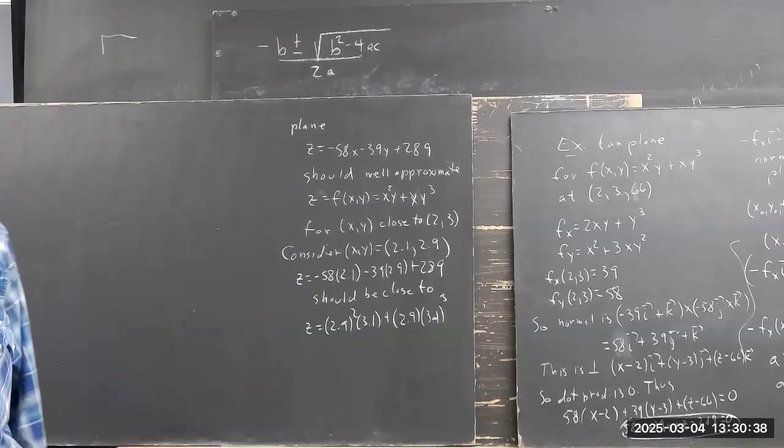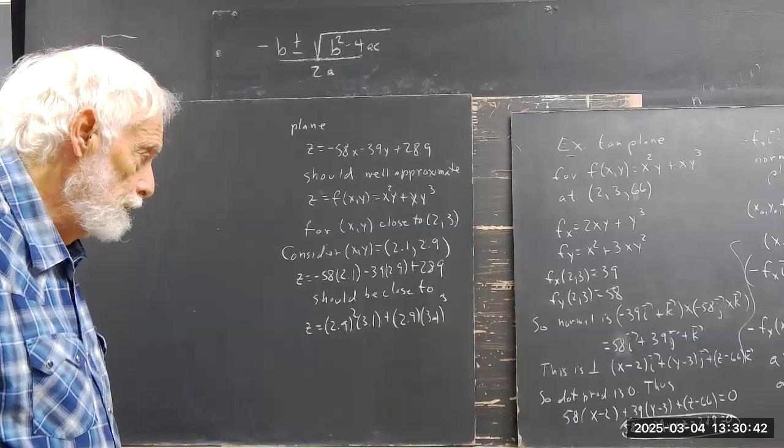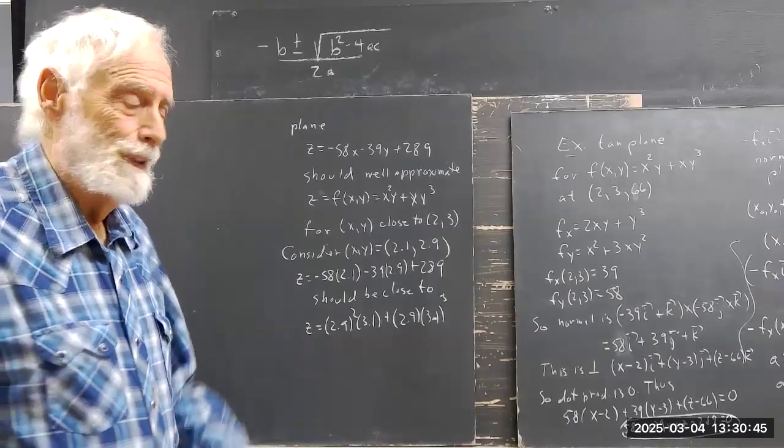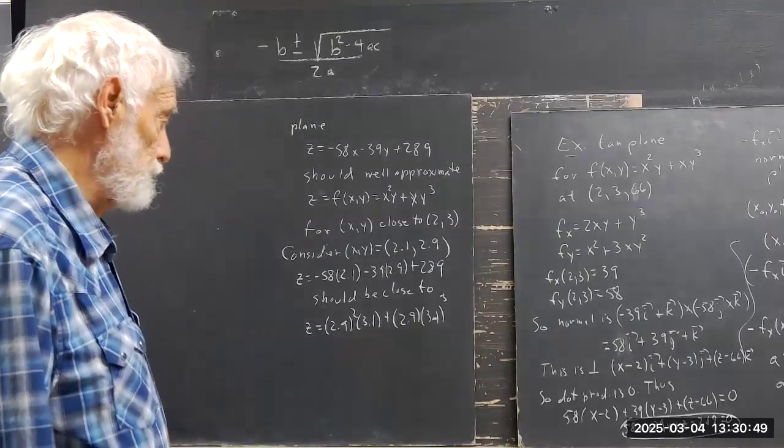Now, if you've got a calculator handy, go ahead and do this because I don't want to attempt to approximate this. I can do it, but there'd be at least a 50-50 chance I'd have some bonehead mistake.